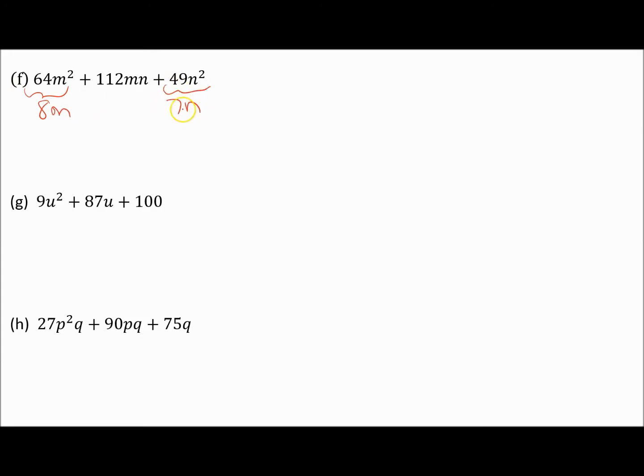Now if we multiply those together and double it, will that equal 112? Well, 8 times 7 is 56. M times n is mn. Doubled is 112. So this will factor, and look, that's plus, so that means our factors are plus. 8m plus 7n times 8m plus 7n.